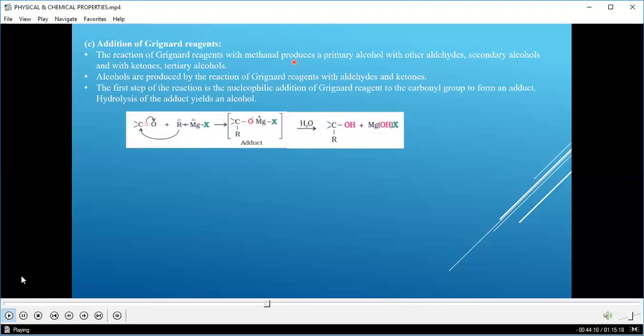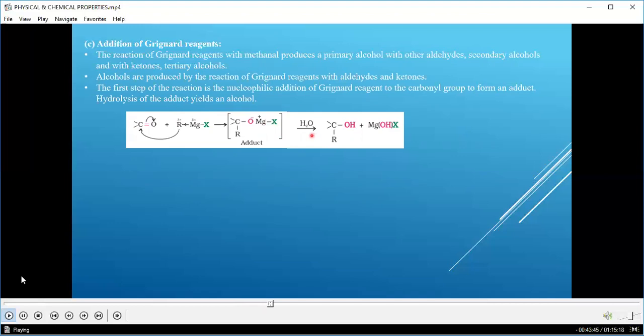Now let us quickly see the reaction mechanism. Alcohols are produced by the reaction of Grignard reagents with aldehydes and ketones. The first step is the nucleophilic addition of the Grignard reagent to the carbonyl group to form an adduct. Then after hydrolysis, we yield the required alcohol.